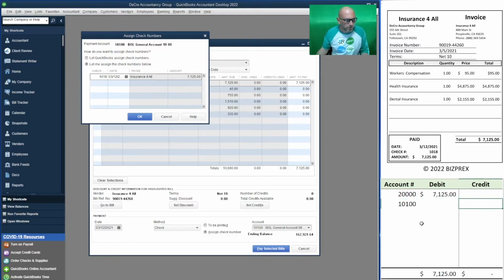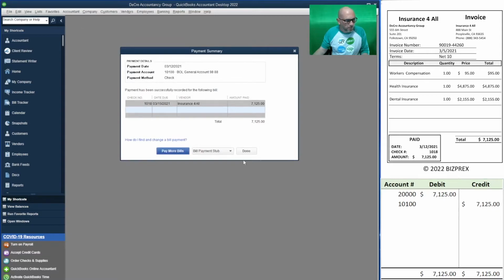All right. So again, debits and credits. They are right here in balance. Here's that payment again. Again, this amount right here will be credited to account 10,100, thus reducing it because it's an asset. And that amount will also impact our accounts payable, which is a liability, and will be reduced as well because once we debit liability, it goes down.